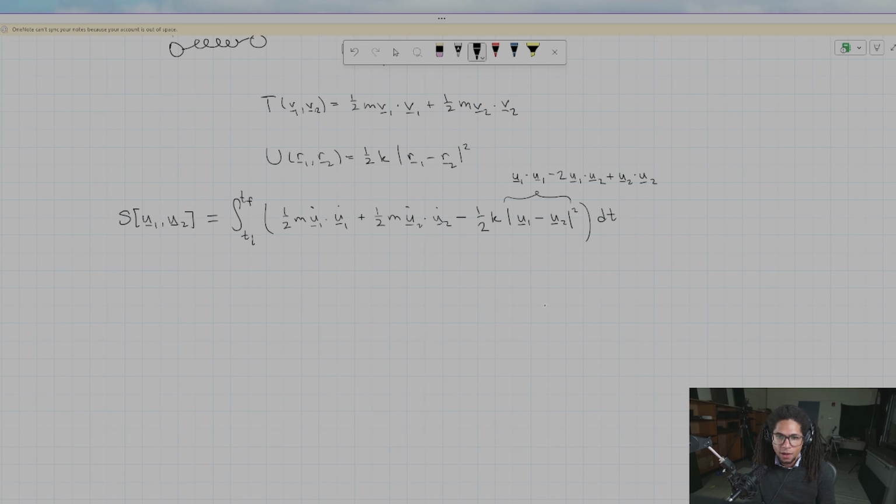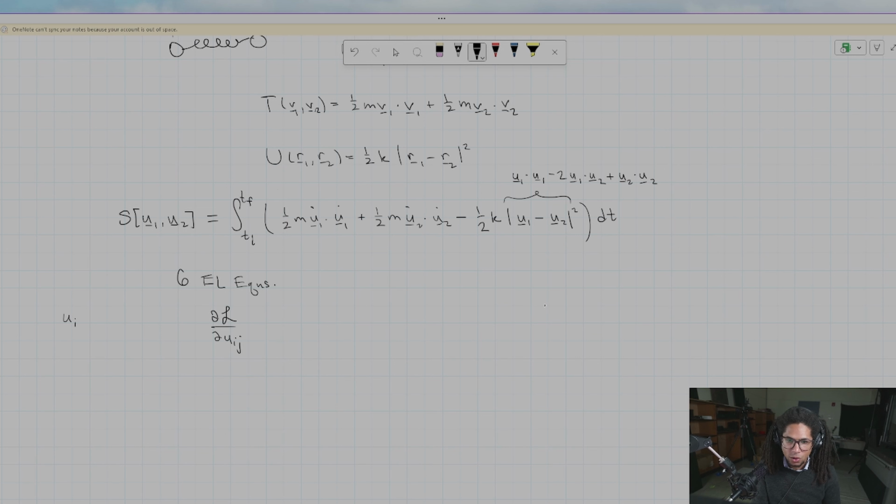Okay, now we're going to have 6 Euler-Lagrange equations. Let's do the Euler-Lagrange equation for particle i and coordinate j. So I'll get dL over du_ij.